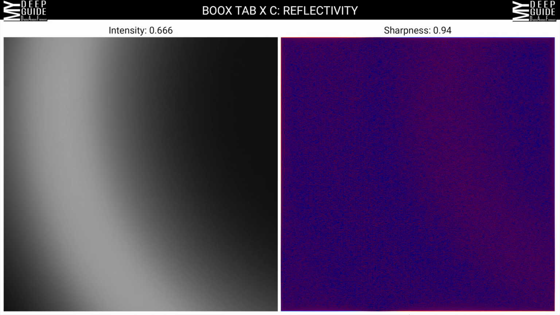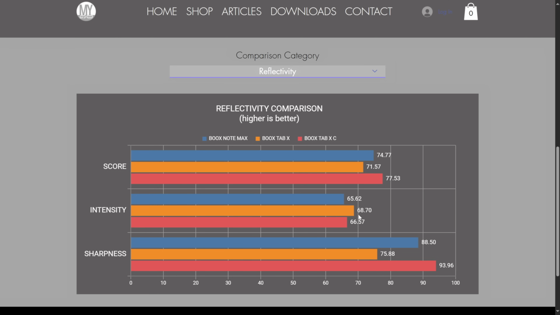And then we take a look at the Tab XC, which has excellent both intensity and sharpness scores, and checking out the final results, this is that skew that I was talking about. We've seen that out of these three, Tab X definitely has the worst intensity performance, but here we have the mistaken calculation of it being the best.